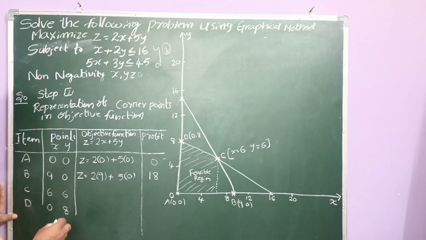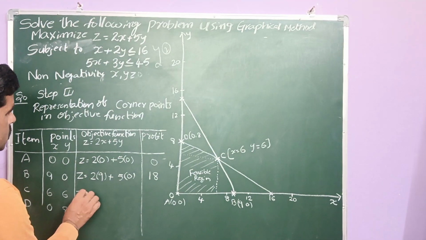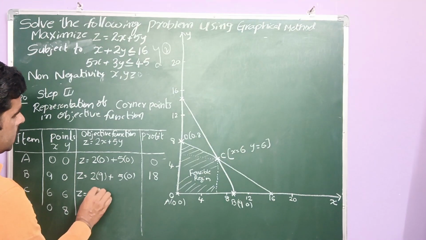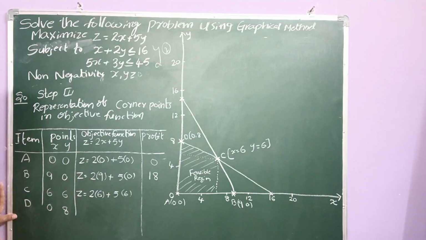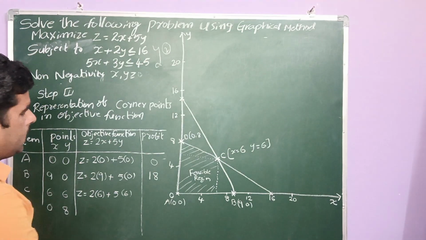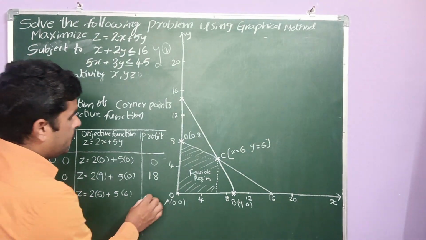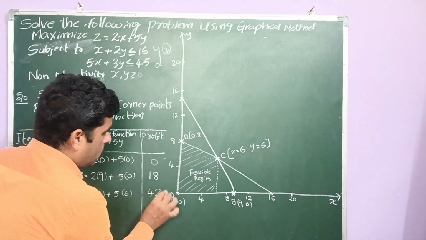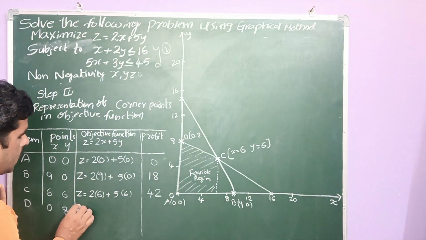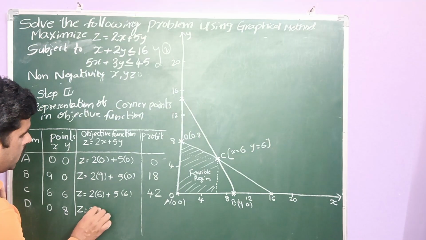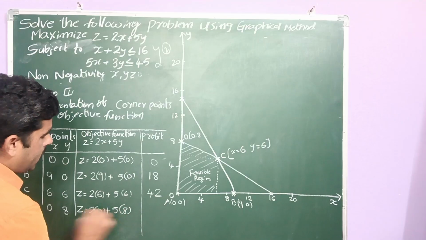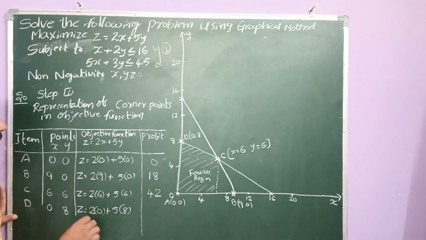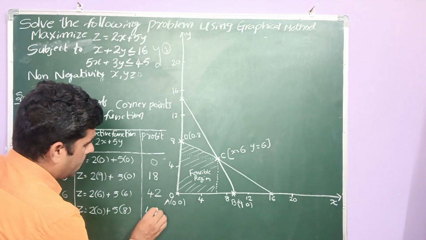Then z is equal to 2 into 6 plus 5 into 6. 2 sixes are 12, 5 sixes are 30. So 12 plus 30, that is 42. Then the last one, z is equal to 2 into 0 plus 5 into 8. 5 eights are 40.